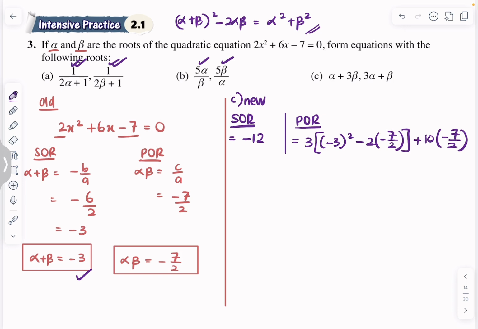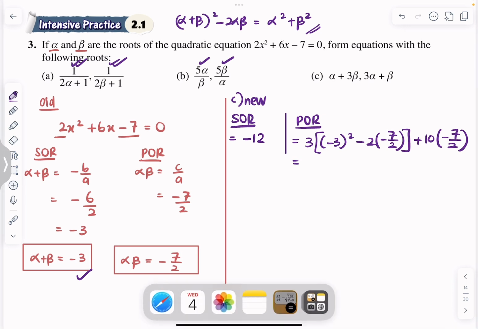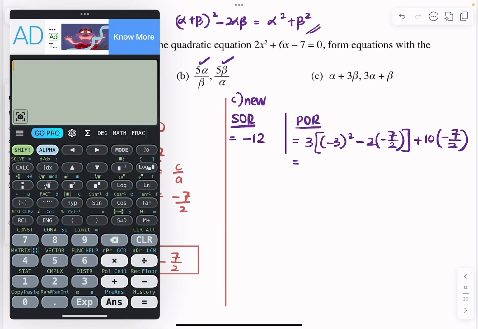Now we put all this in our calculator: 3 times negative 3 square minus 2 times negative 7 over 2, close bracket, plus 10 times negative 7 over 2. We get 13.